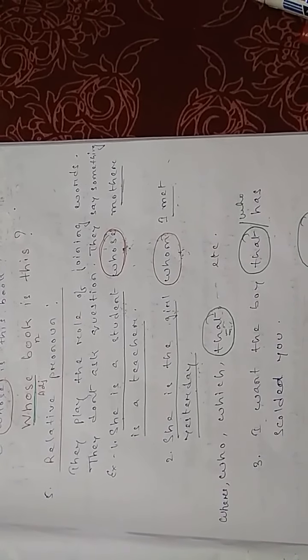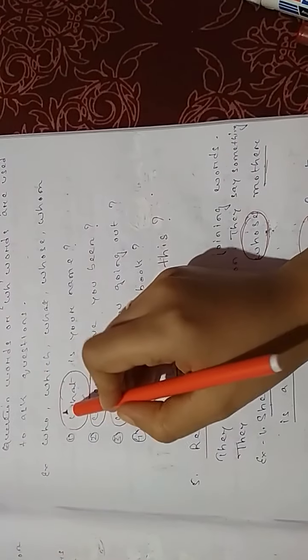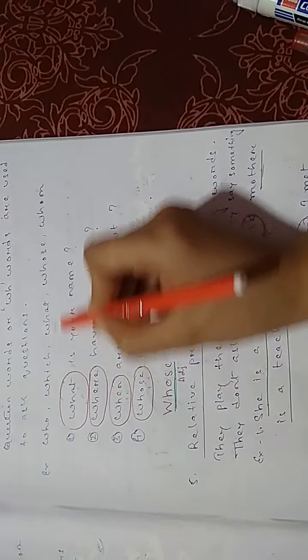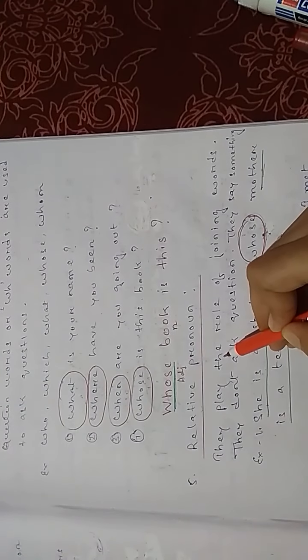The fifth type of pronoun is relative pronoun. Now what is relative pronoun? In relative pronoun, we use interrogative words like whose, whom. What have we written here? Who, which, what, whose, whom. All these words will be used again in relative pronoun.